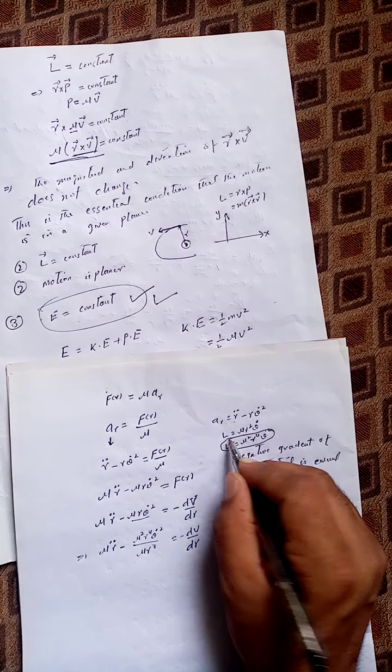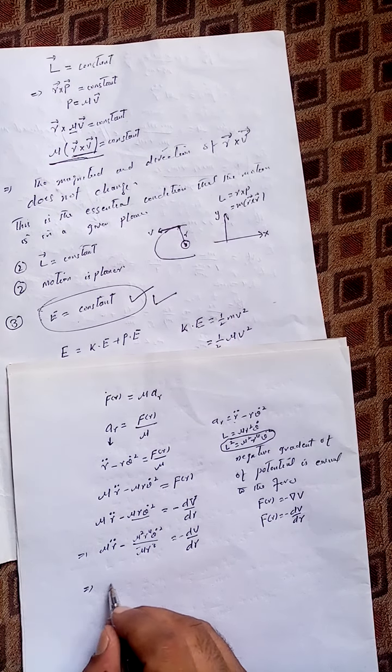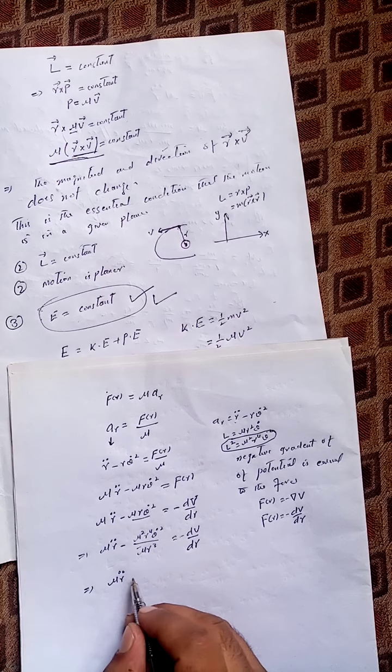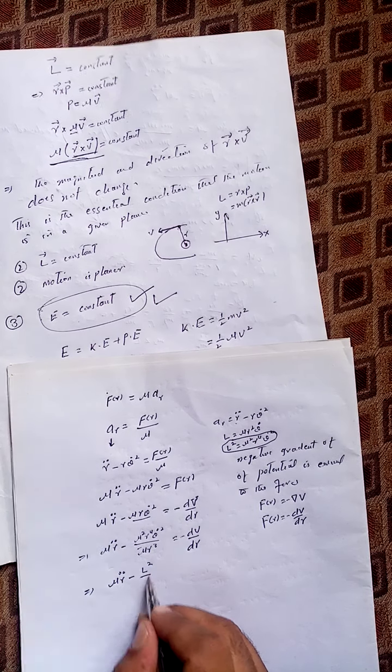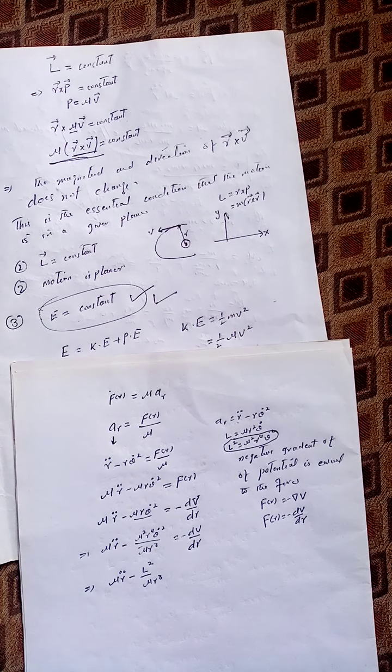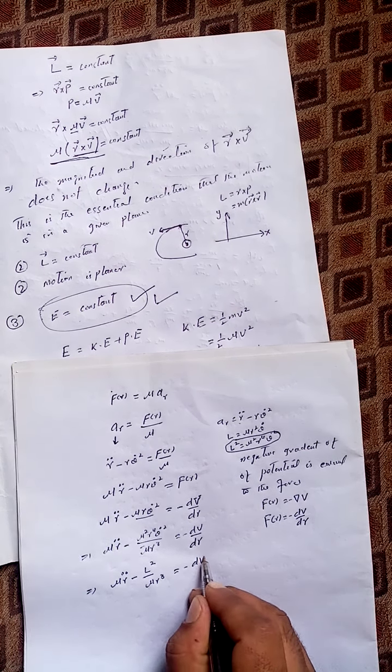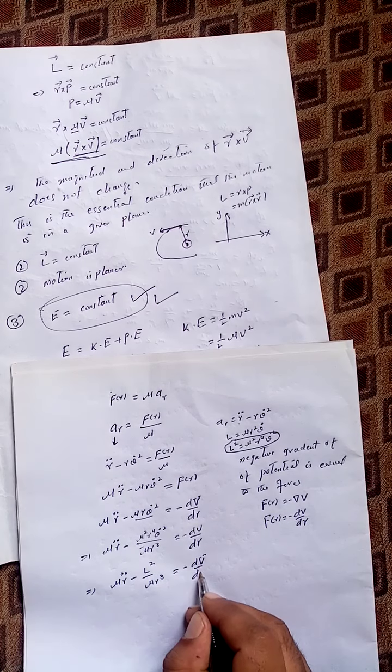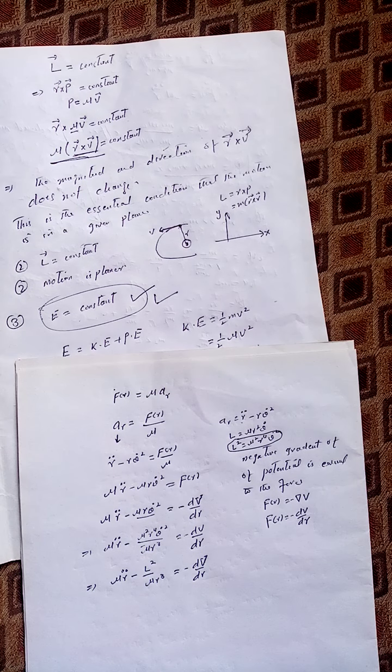So using this value here, we have mu r double dot minus L square over mu r cube is equal to minus dV over dr, where V is the potential energy.